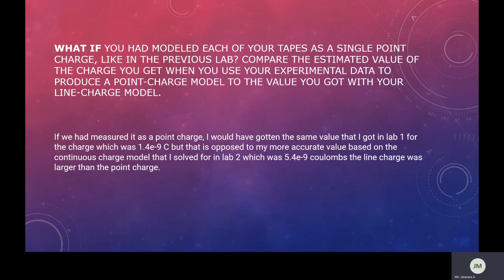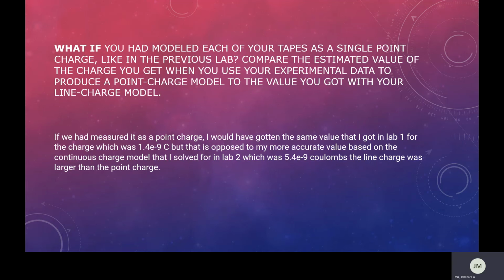To finish off the lab, we were asked a couple of questions. What if you had modeled each of your tapes as a single point charge like in the previous lab? Compare the estimated value of the charge you get when you use your experimental data to produce a point charge model to the value you got with your line charge model.